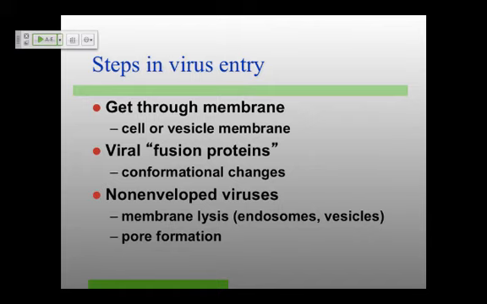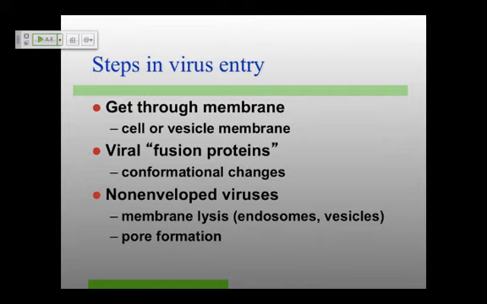So what do you need to do now? Get through the membrane. That's what cells have to protect themselves from the rest of the world. That can either be the cellular membrane on the outside of the cell, your plasma membrane, or in many cases also a vesicle membrane. And we'll see what that means in just a second. How does this happen? Almost always through so-called viral fusion proteins.